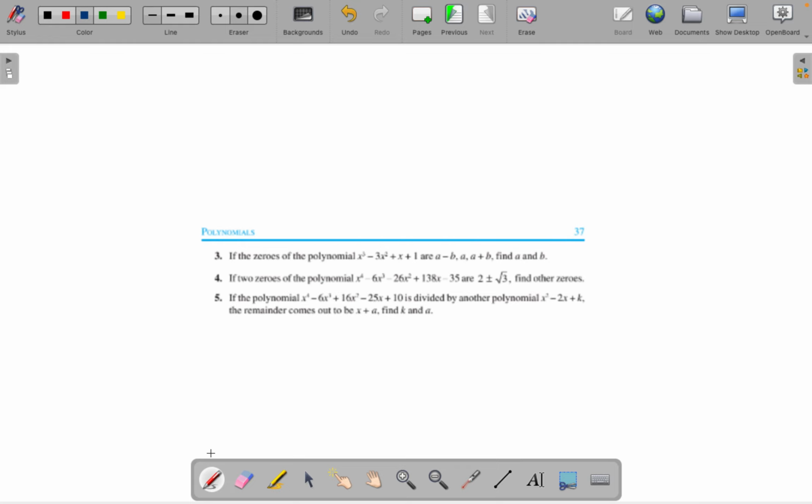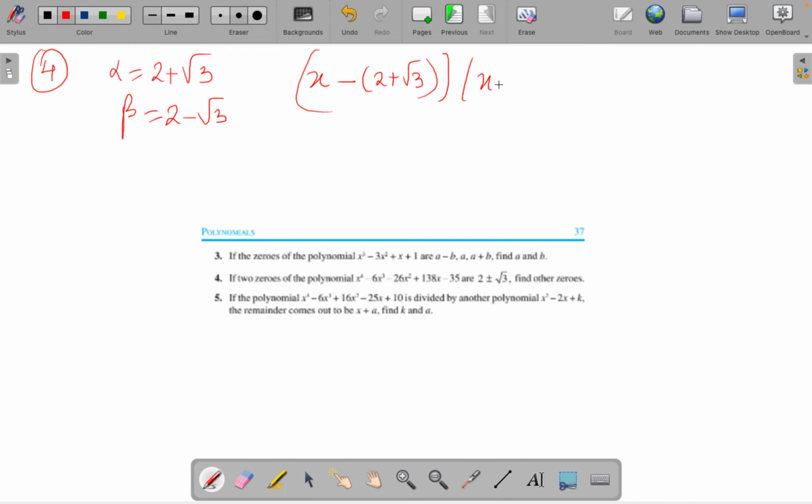Question number 4 is again not that difficult. Two zeros are given. Suppose this is alpha, 2 plus root 3, and beta, that is 2 minus root 3. So can I say, children, x minus 2 plus root 3 into x minus 2 minus root 3 is the factor of the polynomial, whichever polynomial is given to us.